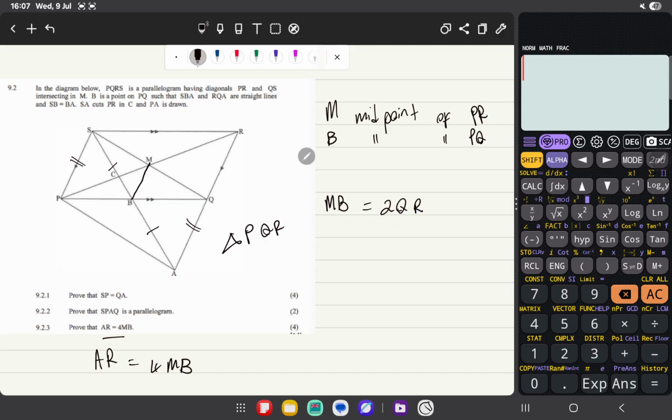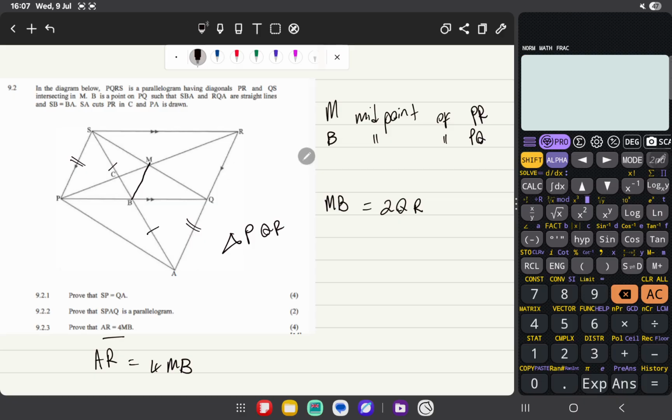The reason why we are saying the midpoint theorem applies in this situation is because we have a midpoint of PQ here, which is B, and we have a midpoint M, which is a midpoint of PR, right? So that means the midpoint theorem must apply, and therefore this side is going to be twice this side. Do you understand? Cool. So where is AR? Here is AR, right?